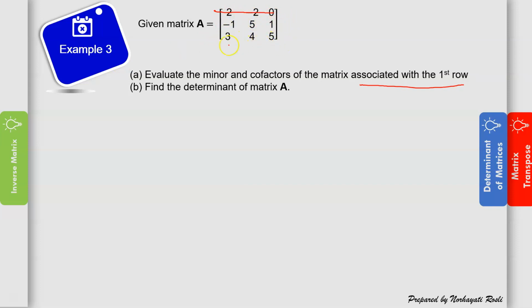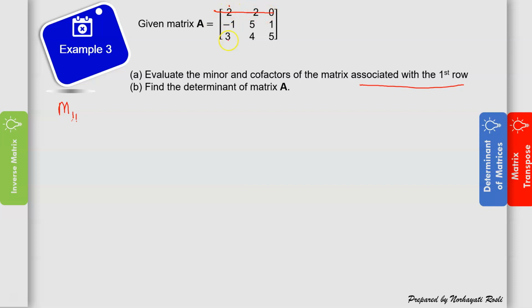We have 3 columns. When we want to compute M11, you see here row number 1 and column number 1. In this case, we need to eliminate the first row and the first column.